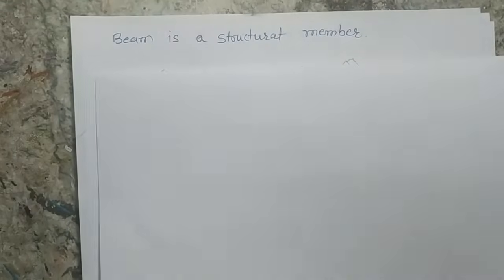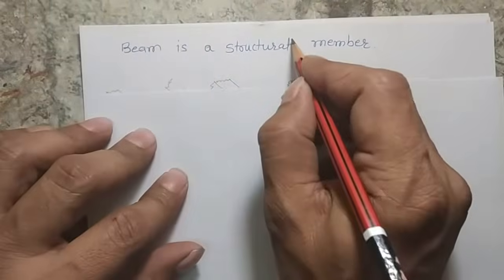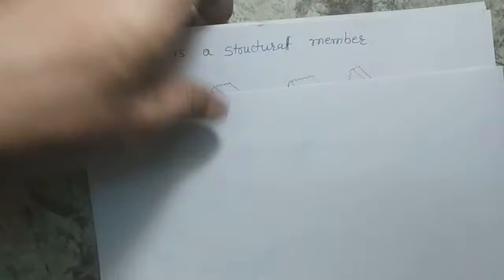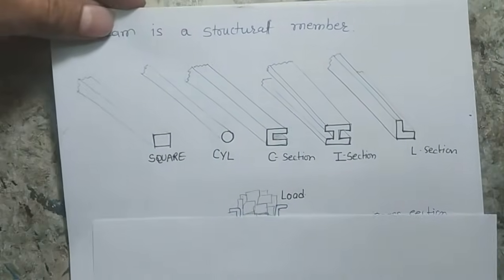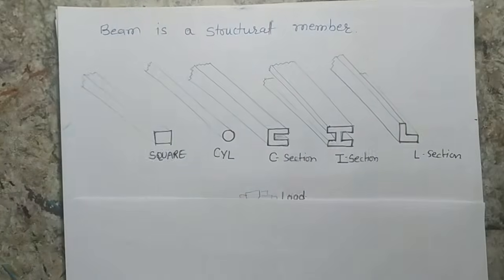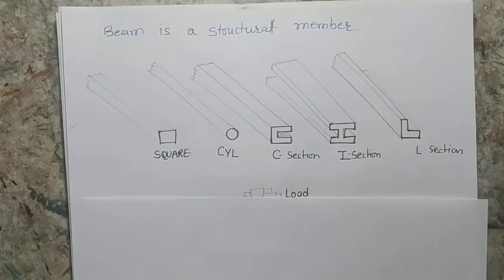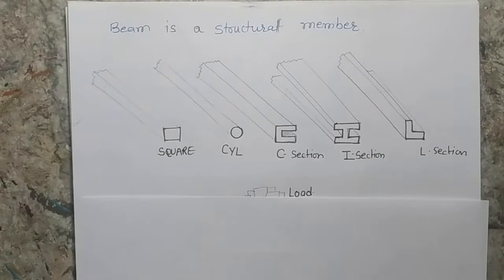Beams are basically structural members which are used in many engineering constructions, to make frames, machines or trusses. Anywhere we have structures, we need such long beams, which are subjected to transverse loads and bending loads.